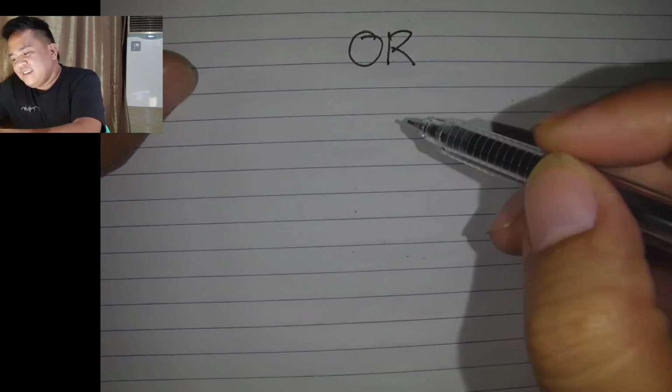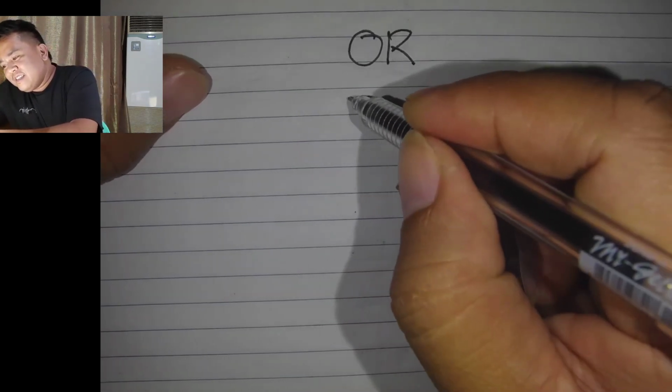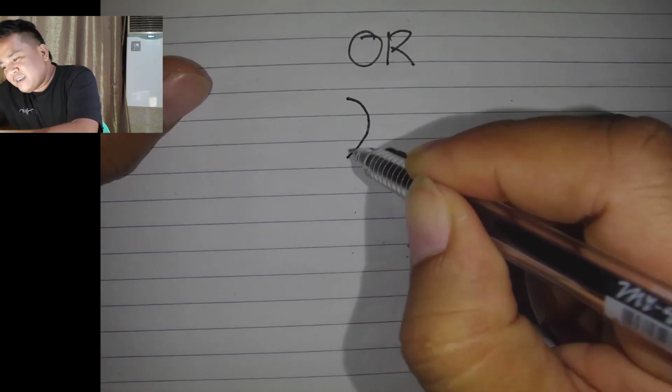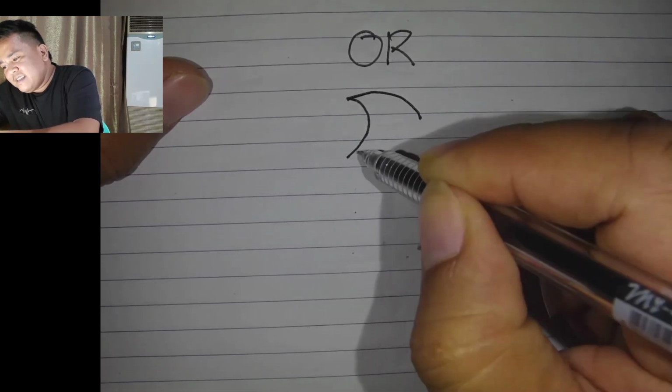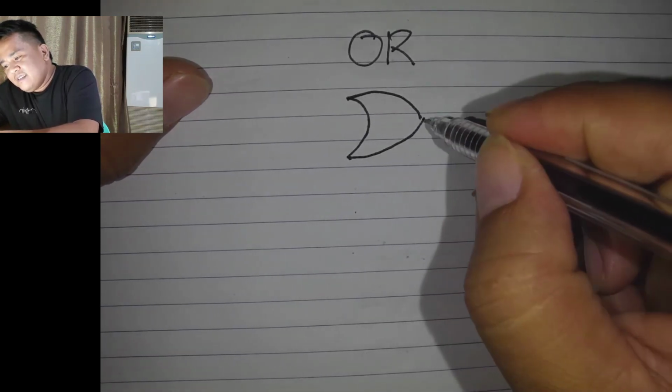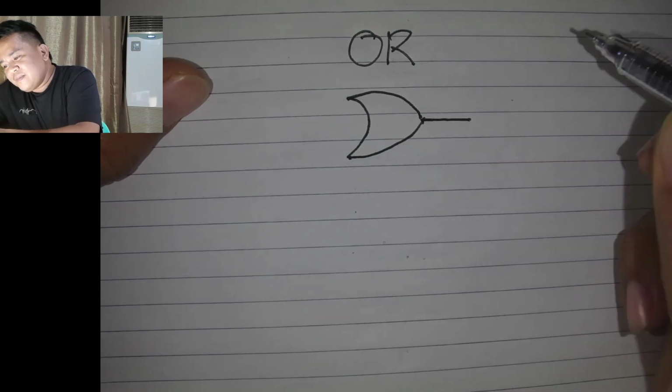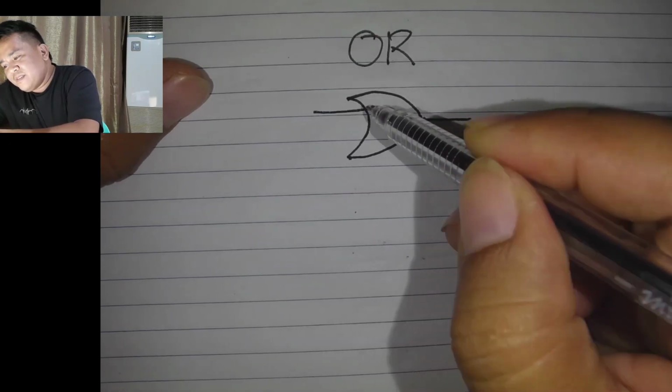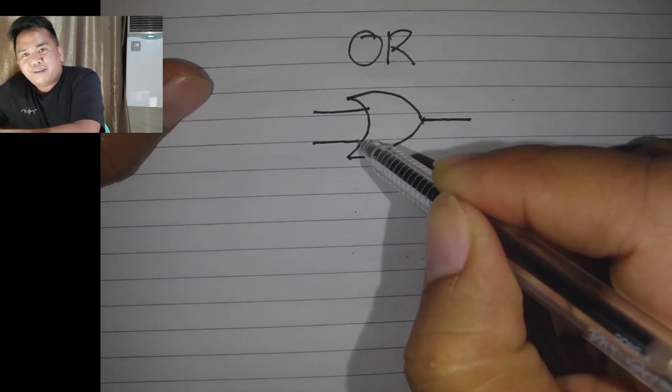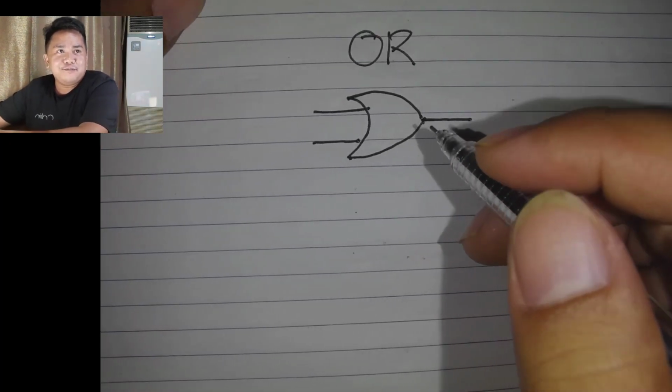OR gate. So yung symbol ni OR gate is ito yung symbol niya. Curve, ganyan. So it is the output. Tsaka mayroon siyang dalawang input. So 2 input OR muna tayo, 2 input OR gate.